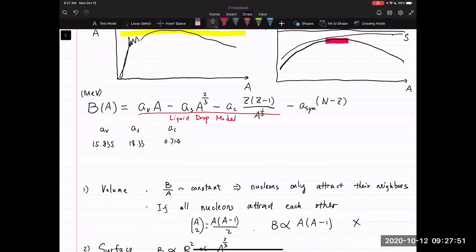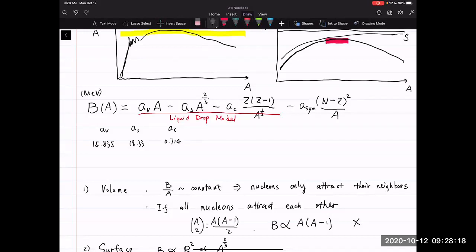But if N and Z are different, we take (N minus Z) squared and normalize by A, and we need to penalize that. In other words, for the same A, if the number of neutrons and the number of protons are very different, that is going to decrease the binding energy, and that is going to cause instability.